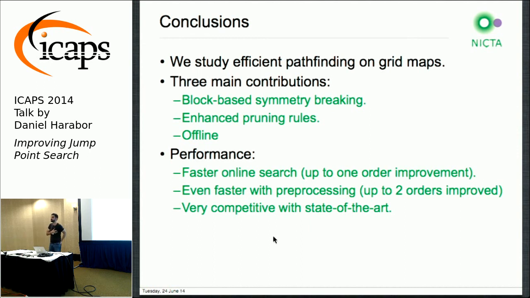The 3D grid would have quite a bit of similarity with the 2D grid. Have you looked at that, and what type of issues would you see there? I mean, there is a lot of symmetries in there as well, right? Absolutely right. So in a 3D grid, there are also very many symmetries, and jump point search looks like it could be extended, certainly, to this kind of environment.